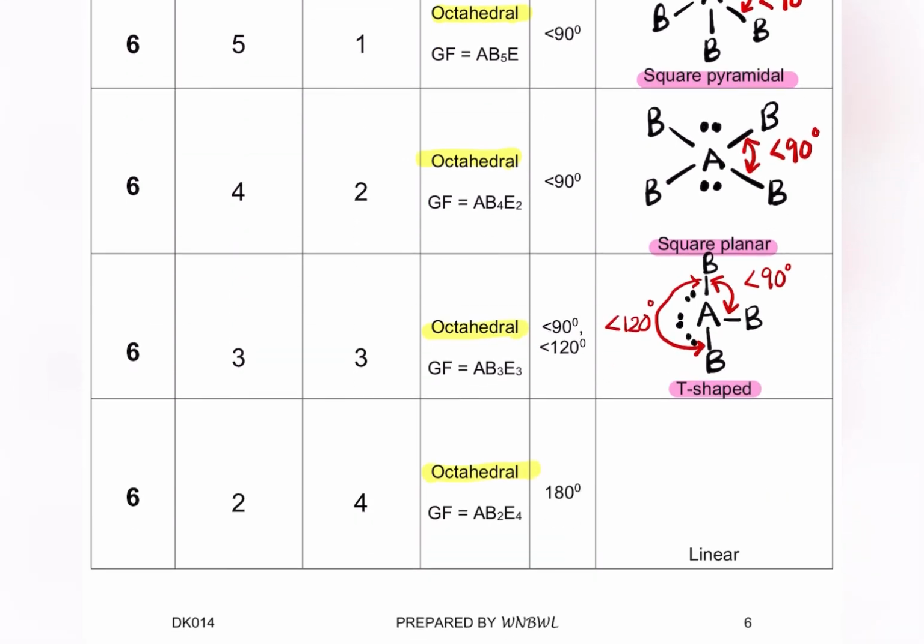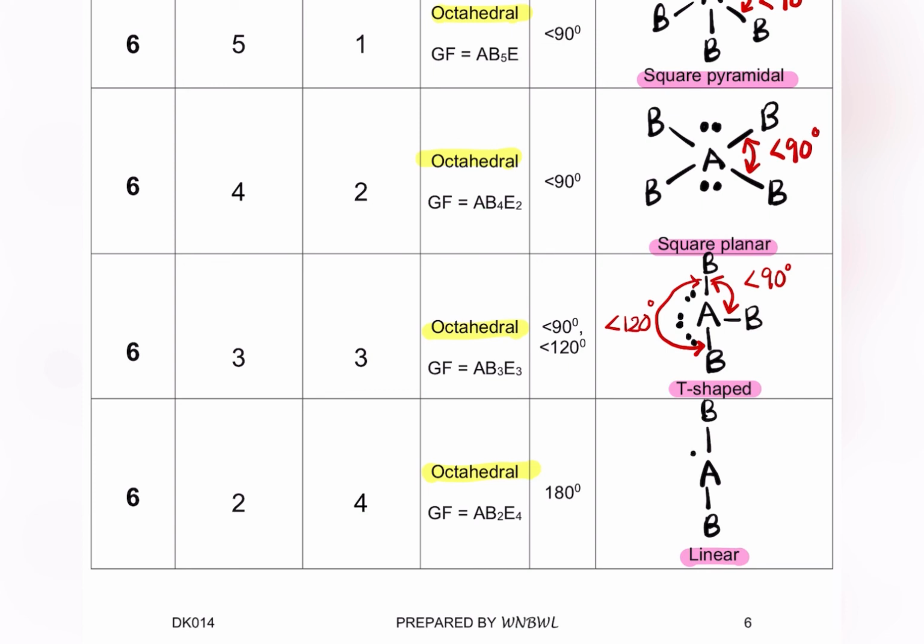Now, we go to the last one, iaitu the last one shape dia adalah linear. So, how you want to draw from here, linear, saya ada 2 bonding pairs. So, my central atom akan ada A, and I got 2 bonding pairs, and I got 4 lone pairs. So, maknanya kalau di sini ada 3, saya gantikan 1 di sini sebagai another one more lone pair.